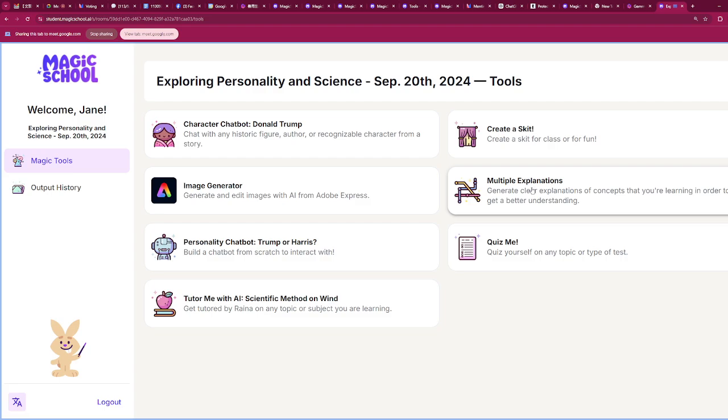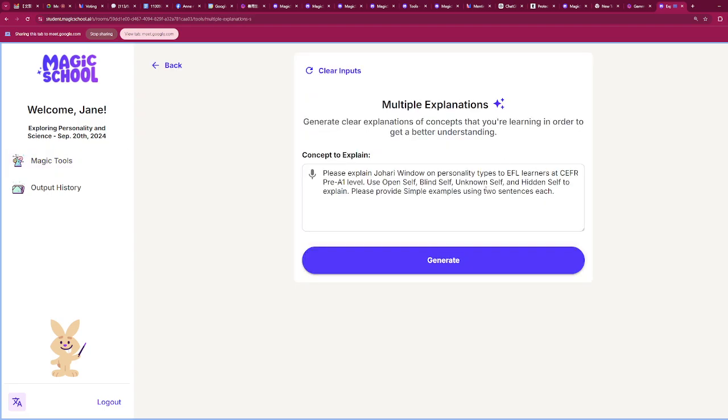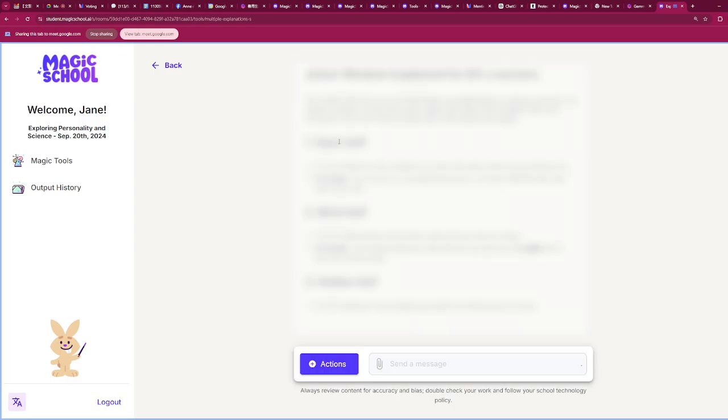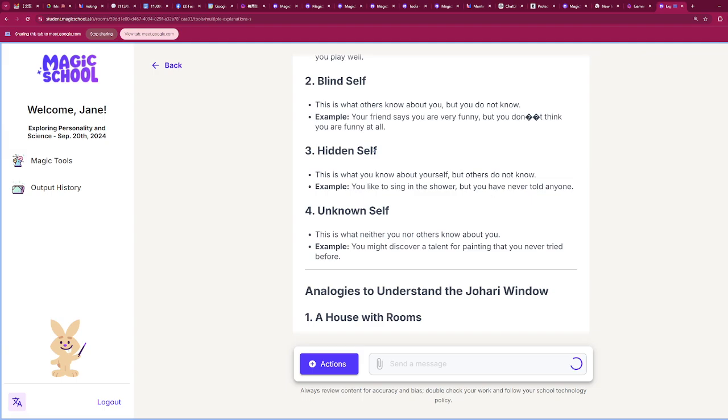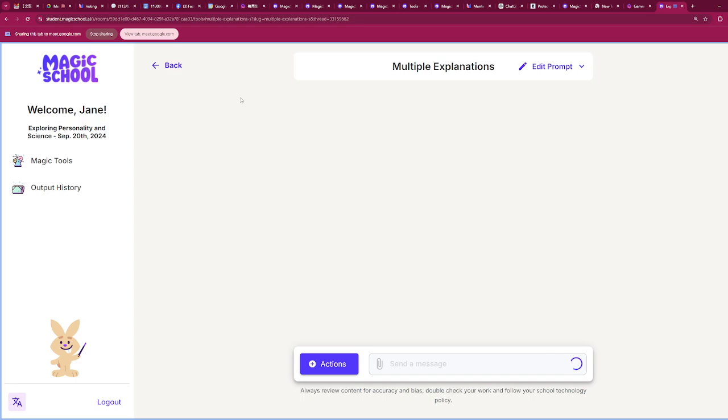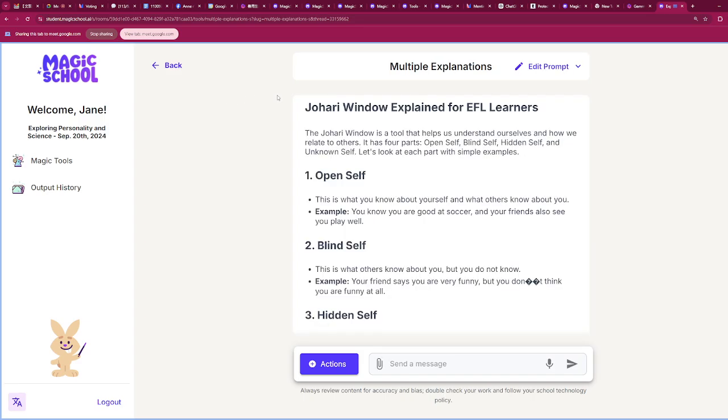All right, so next would be multiple explanations. We should have done the multiple explanations first, then the quiz. So notice that the tools that were in this classroom, you know, it's not in a linear order. There's no suggestions to the students that you should try this one out first and then try the next one.